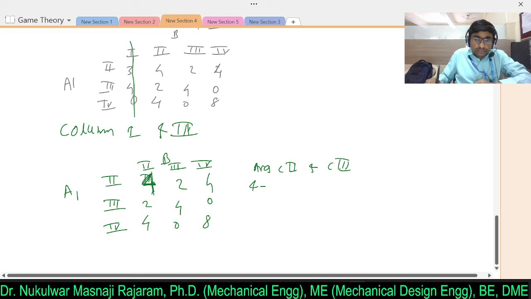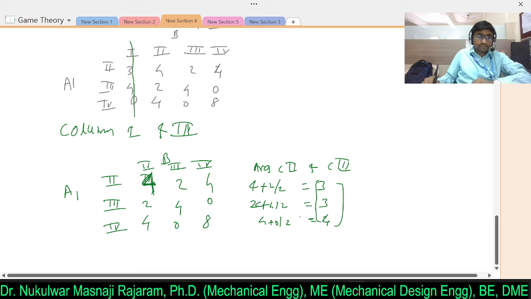Let's check. 4 plus 2 divided by 2 is equal to 3, 2 plus 4 divided by 2 is equal to 3, 4 plus 0 divided by 2 is equal to 2. So by comparing also, I am not getting the answer.